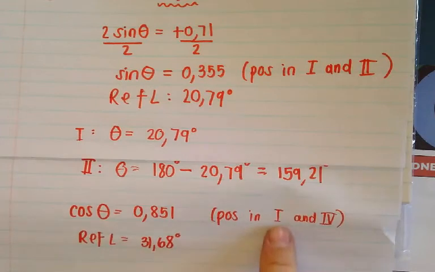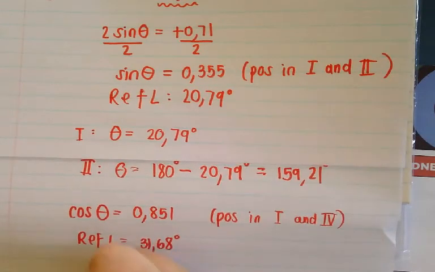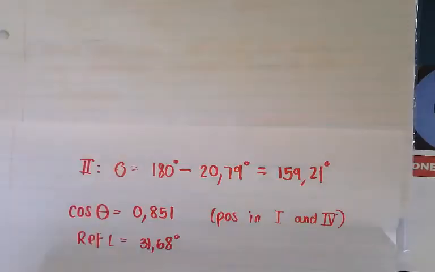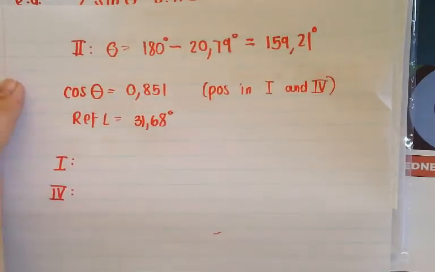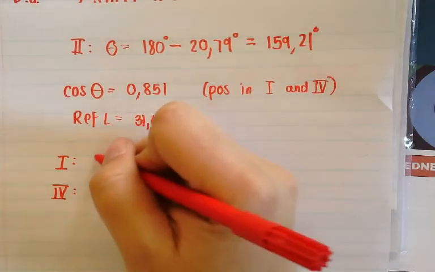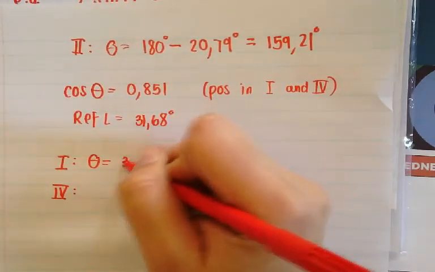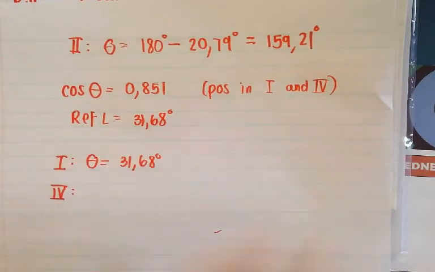Since it is positive in 1 and 4, I'm going to have to look at what it is in 1, and I'm going to have to look at what it is in 4. Quadrant 1, theta is just equal to 31,68 degrees.